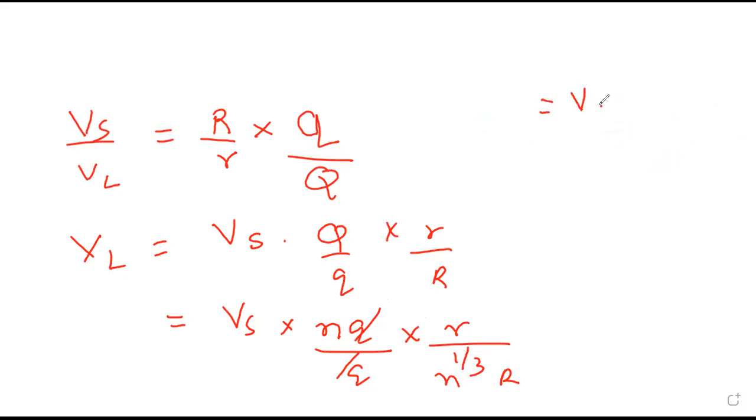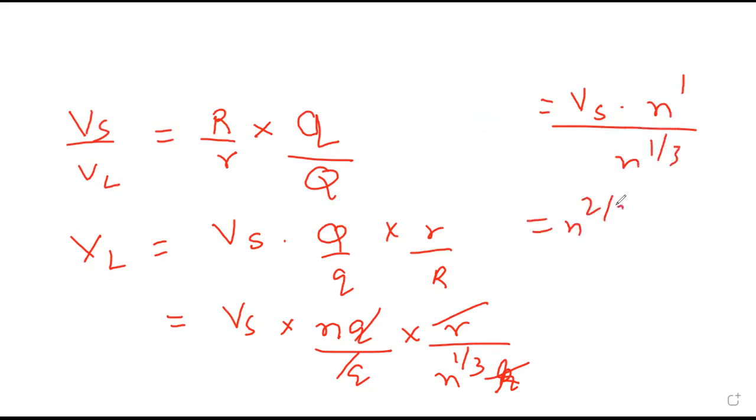So it will be voltage on small. r and r will get cancelled. n upon n raised to 1 by 3. So can I say n raised to 2 by 3? Yeah, sir. So henceforth we will not derive. Directly we will write V of larger drop is n raised to 2 by 3 of smaller droplet.